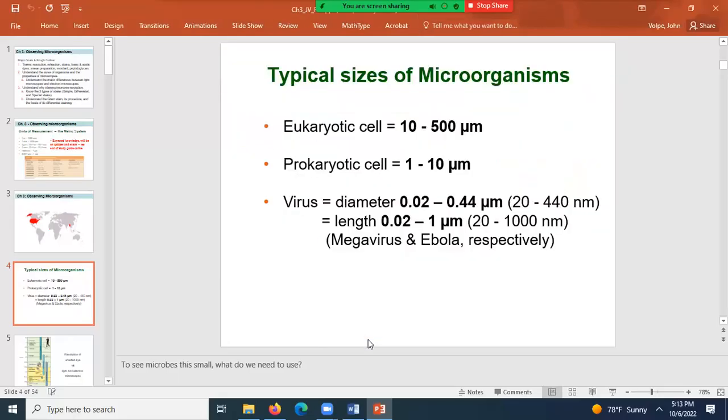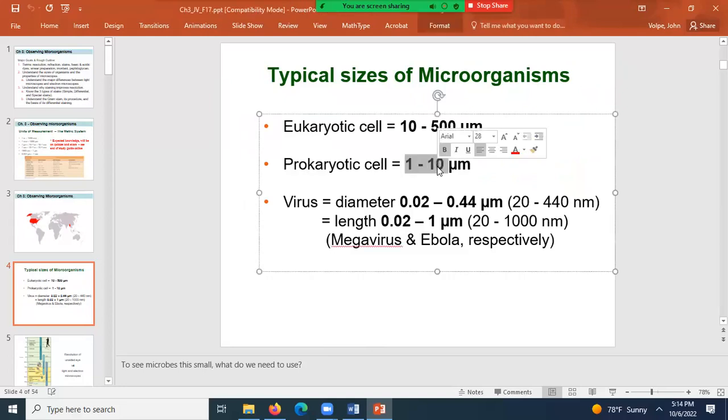All right. So you should know the typical sizes of microorganisms. Most prokaryotic cells are about 1 to 2 micrometers large. Now this is saying the range is from 1 to 10. And I don't know who made this range up because the smallest prokaryotic cell is 0.4 micrometers in diameter.